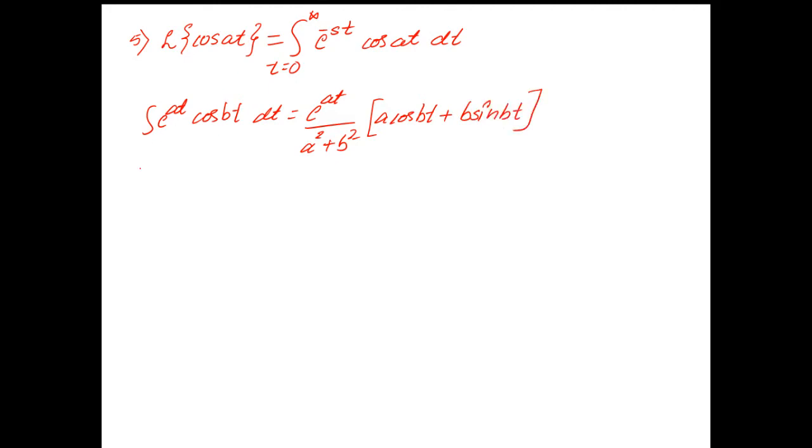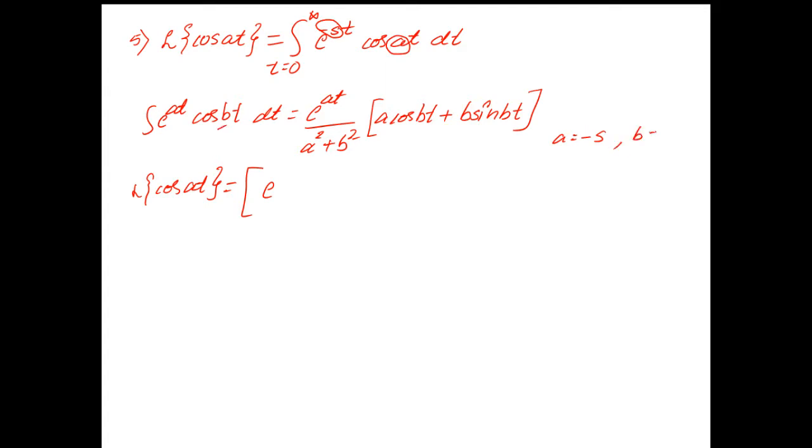So substitute this. The Laplace transform of cos at is equal to, in this case, a is equal to minus s, correct? a is equal to minus s and b is equal to a.